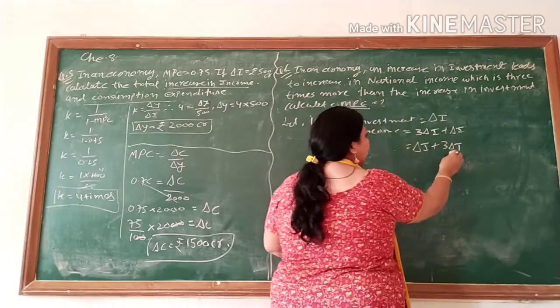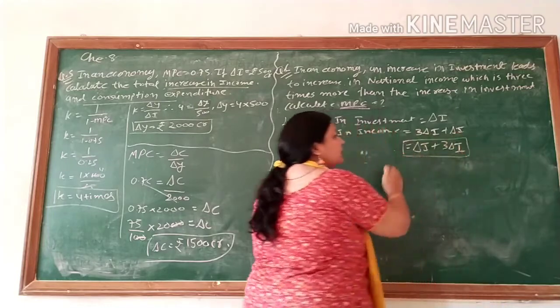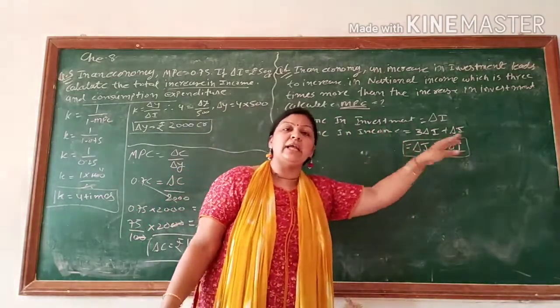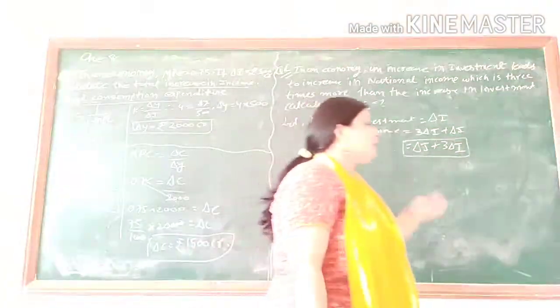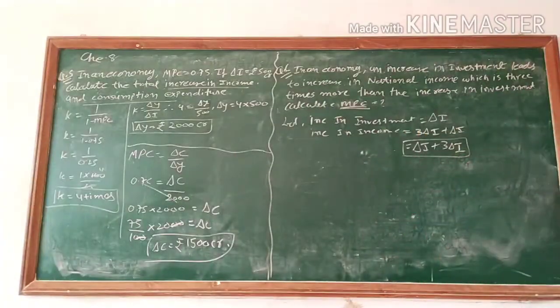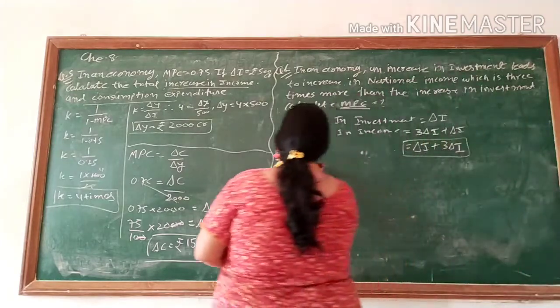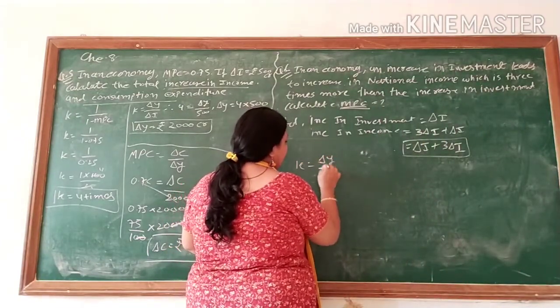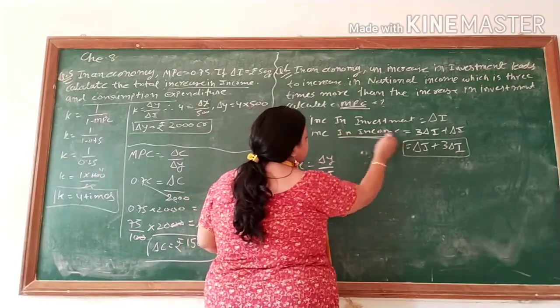3 टाइम्स तो है, बट उसके साथ साथ क्या है बेटा? जितना है इन्वेस्टमेंट उससे 3 टाइम्स और है. क्लियर? सो इट इज योर द फॉर्मूला दैट यू जस्ट यूज योर brain here. So what is the formula of K? Delta Y upon delta I. What is delta Y? Increase in income.